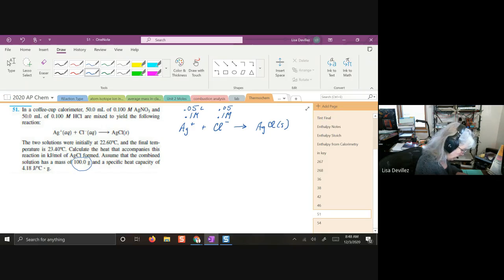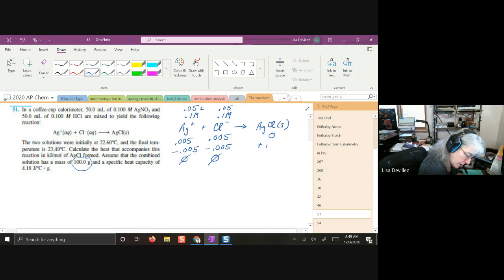All right, so I have 0.005 of this, 0.005 of that. They're both going to 0. That one starts at 0, and then that's plus 0.005. And it wants it per mole of that formed.